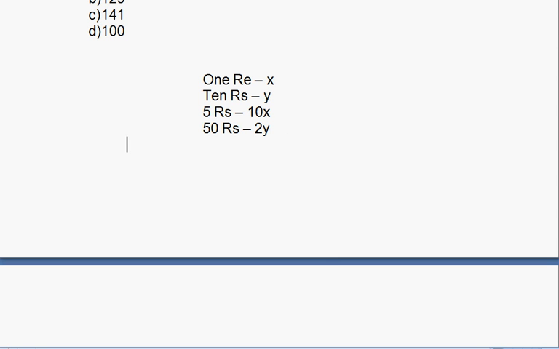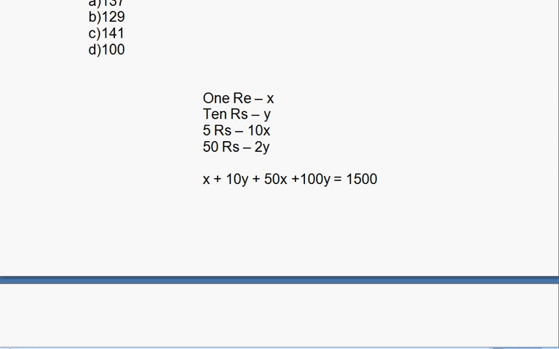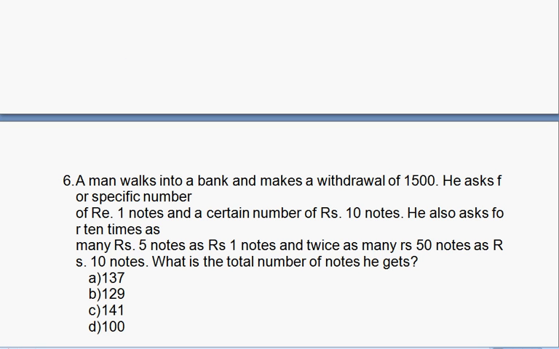Total money can be found out as 1 times x plus 10 times y plus 50 times x plus 100 times y, which is equal to 1500. Do we have any other equation? Let's see.